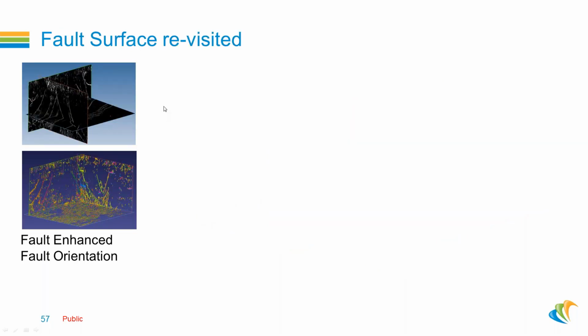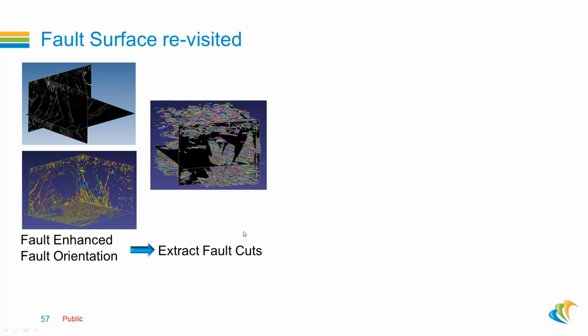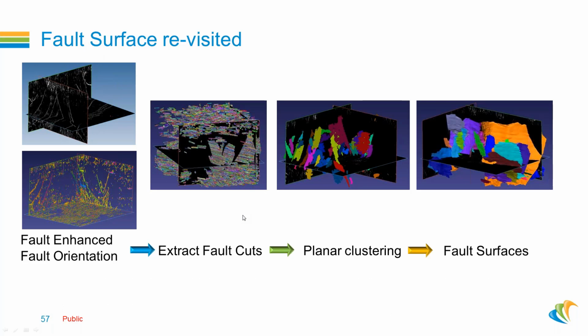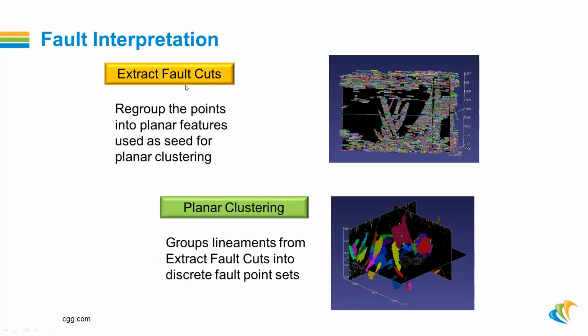Well, we have this fault enhance created, and we use it to calculate the fault cuts and planar clustering. We are doing that in the extract fault cuts. What this process does is just regroup the points in planar features, but they are still points.